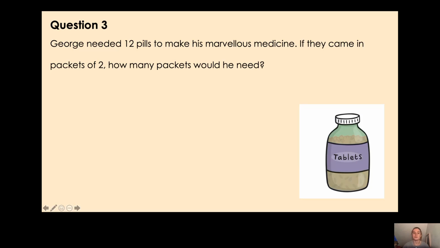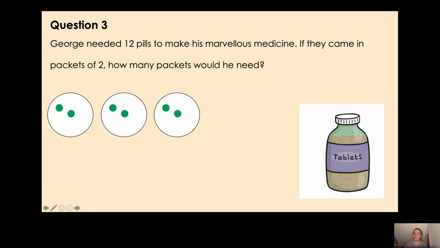Okay, Year 2. So to get to 12 pills, if there are 2 in each group, we could count up in 2s until we get to 12 and find out how many groups we have. Here's our first group, which is 2. Then we have 4, 6, 2 more would be 8, 10, 12.